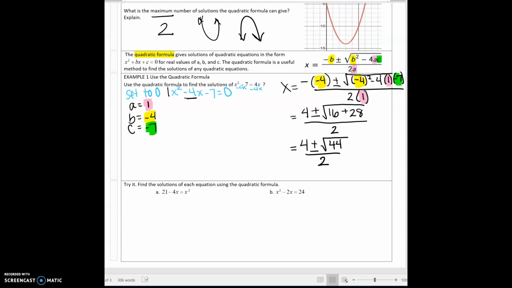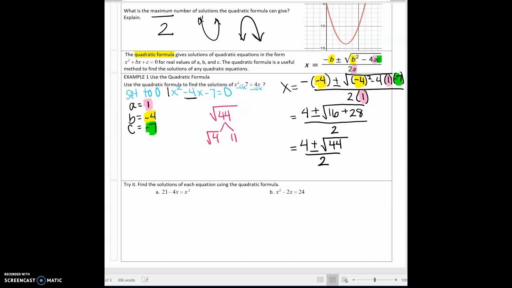On your online book, you need to know how to simplify radicals. So I'm just going to do this in pink over here. What I mean by that is you need to get it as small as you can and take the perfect squares out. So the square root of 44 would be the square root of 4 times 11.